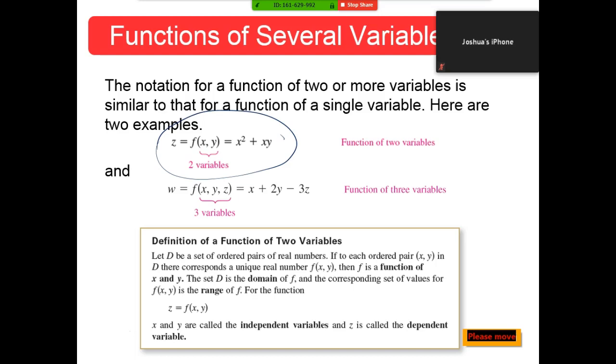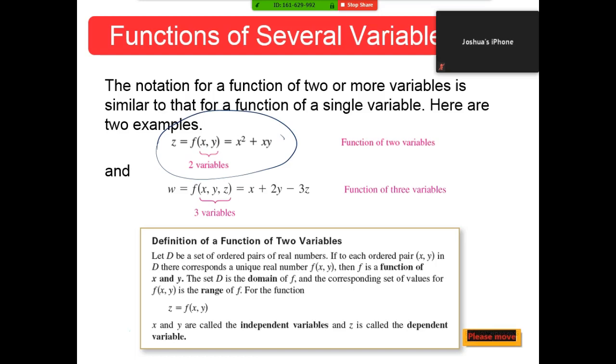The set D is called the domain of f. Now it's no longer a value. It's now an area, a region, okay? That is now your domain, a set of ordered pairs. And the corresponding set of values of f, that's the range of f. Still just a single value there.